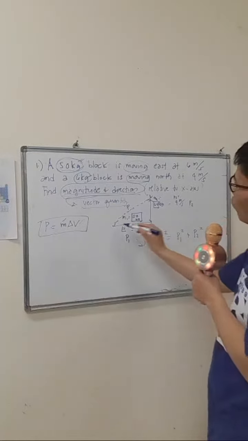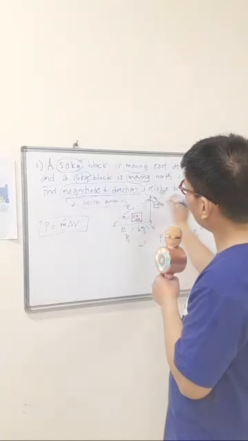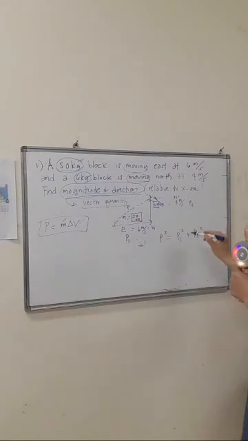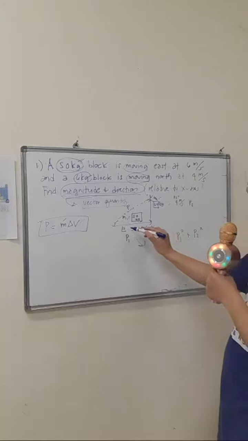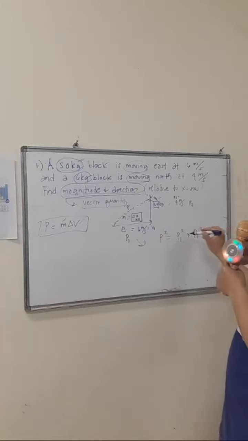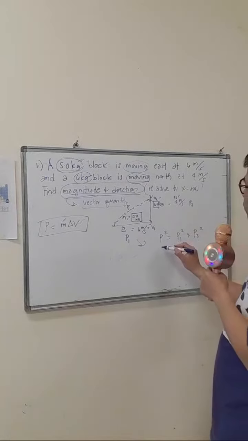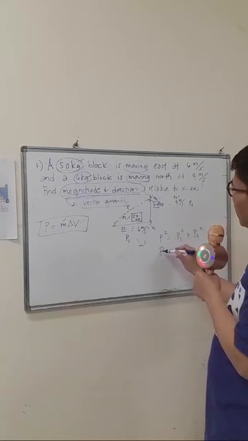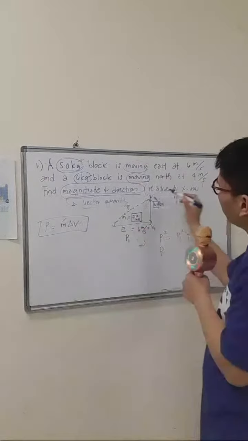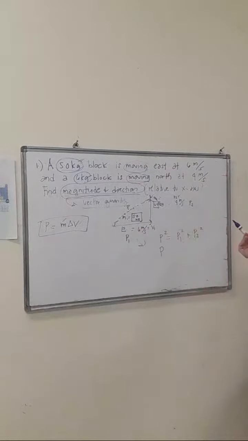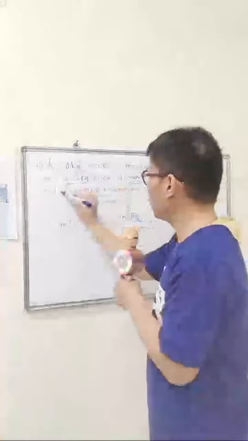The momentum in this diagonal line raised to the power 2 is equal to the momentum 1 of the mass 1 traveling to the east raised to the power 2 plus the momentum of the second block going to the north raised to the power 2. We are solving for the value of the momentum in this diagonal line, which gives your magnitude and direction.